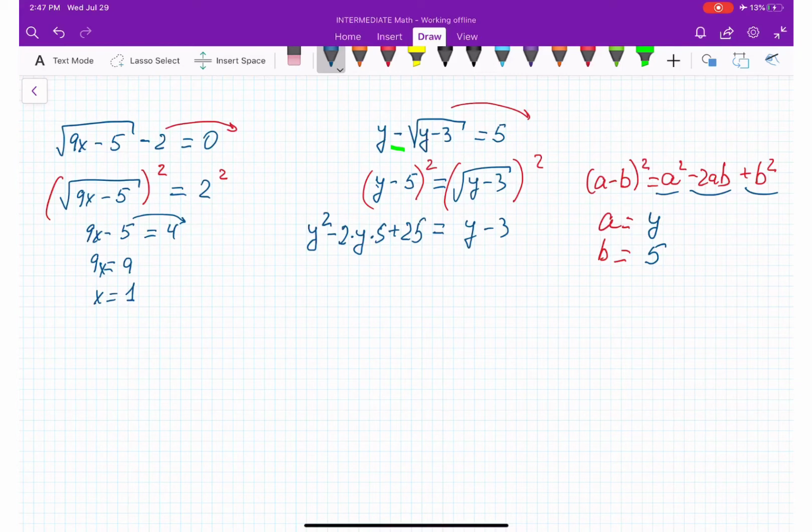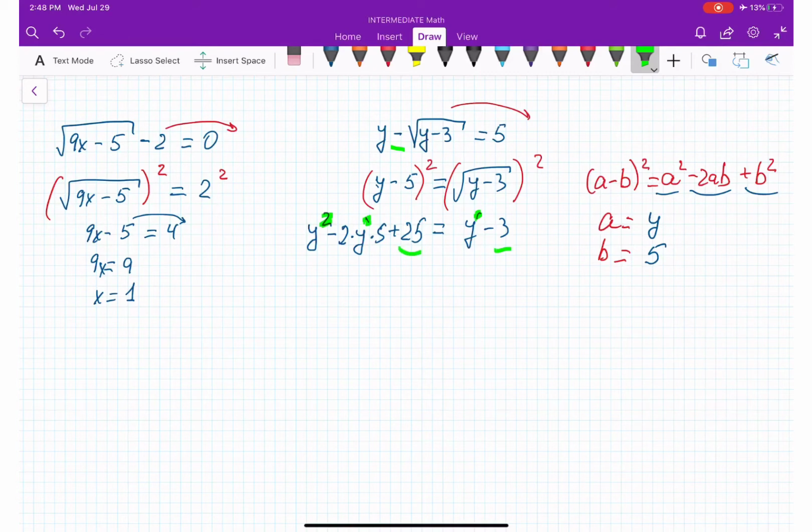Okay, what do we get from here? Let's combine like terms. So I have a square, I have degree 1 on two sides, and I have a variable term.